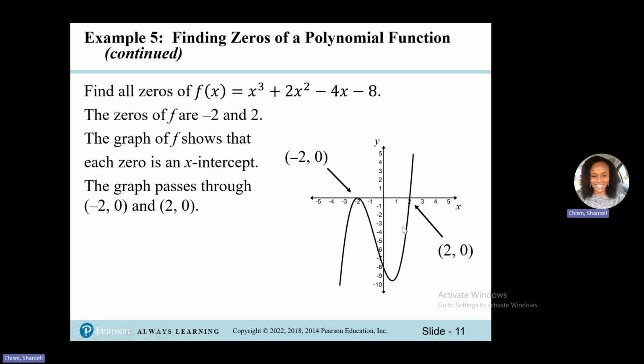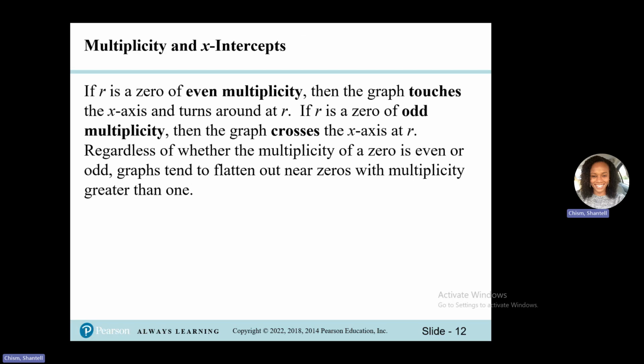That is where we get into multiplicity. So if you have a 0 with an even multiplicity, then the graph is going to touch the x-axis at that point and turn around. If you have a 0 that has an odd multiplicity, perhaps just one time listed as a 0, then it will cross the x-axis at that value.